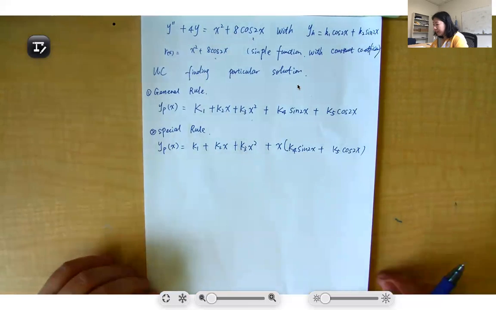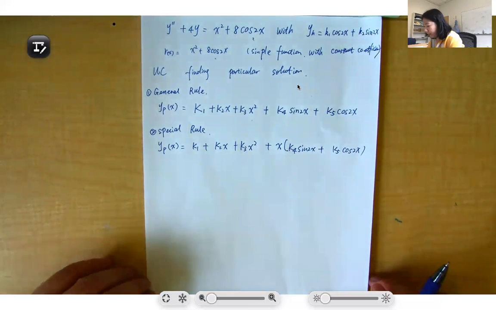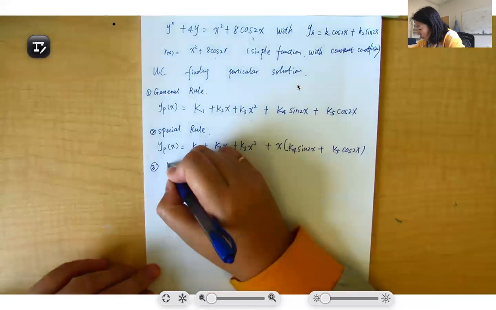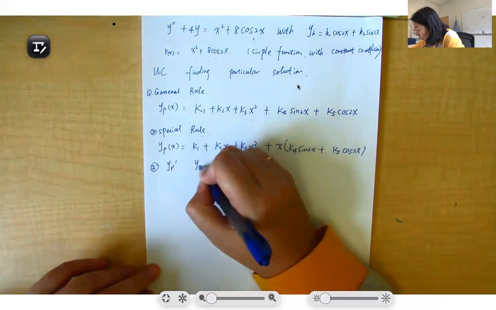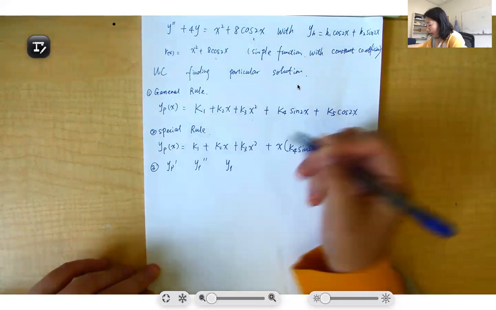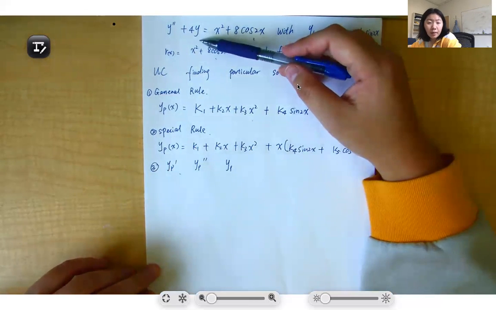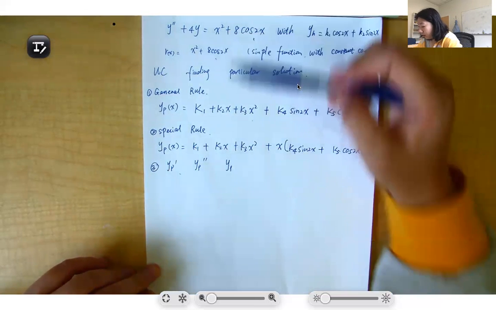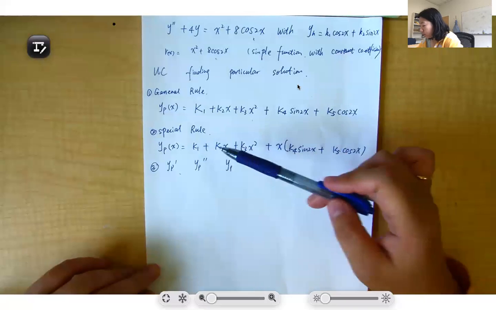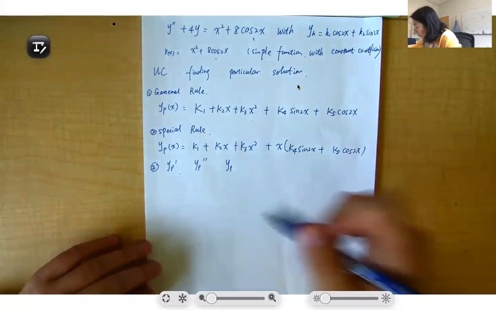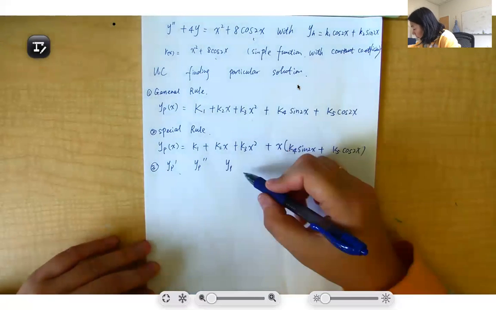Okay? Then how do you find the particular solution? We will basically generate yp prime, yp double prime, and yp, and use these three terms to replace the yp double prime and 4yp in our original equation, trying to get the constant coefficients k1, k2, k3, k4, and k5.